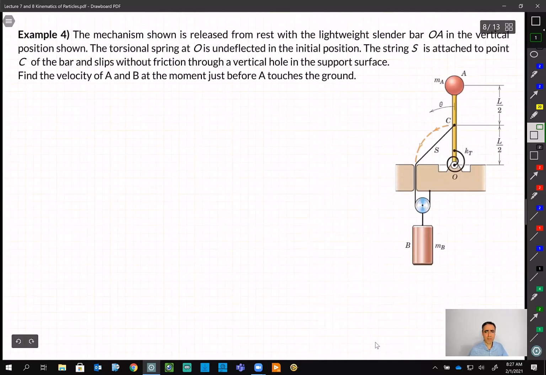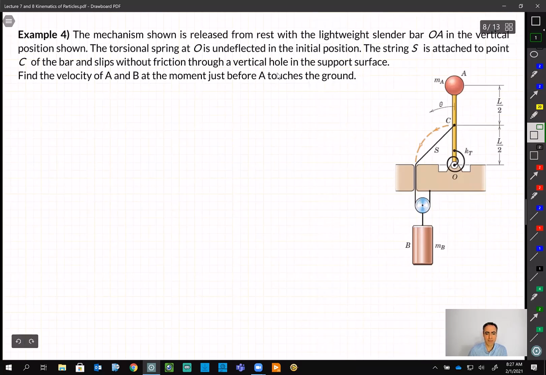And we solved some problems. Today let's try to solve one example, example 4, together. If you can follow this example, which has lots of details in it, then you're sure that you understand this topic well. So I'll let you read this example.